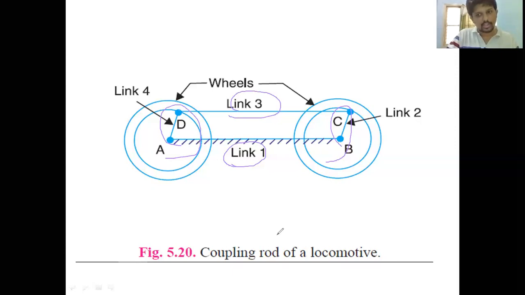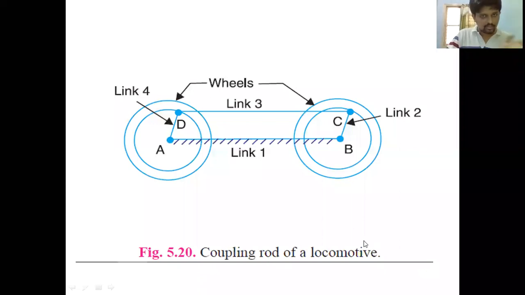That is what is happening here, and these two links, AD and BC, should have the same length. So you will have the same angular velocity, and you can transmit an equal amount of motion to them. That is our coupling rod of a locomotive.